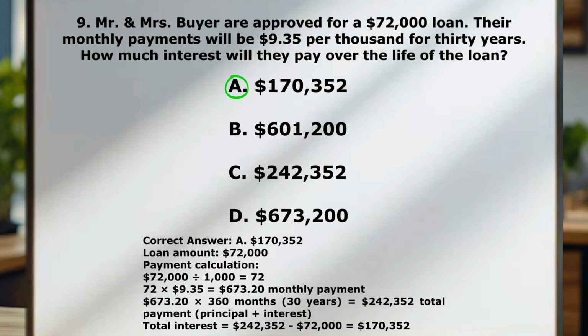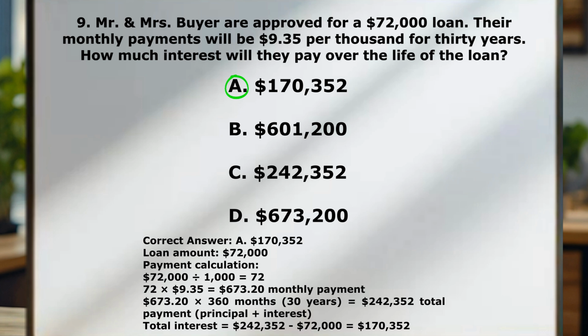You take that monthly payment number and you multiply it by 360 months, which gives you the total payment of $242,352. And then you subtract the loan amount, and that will tell you the interest.